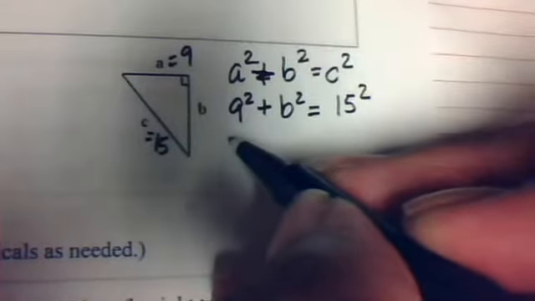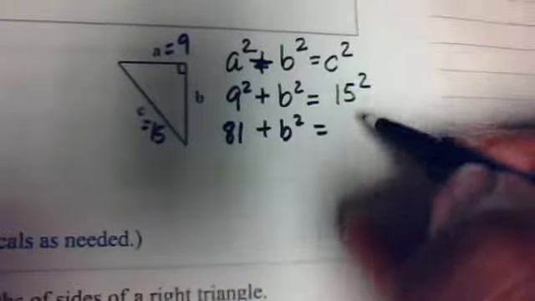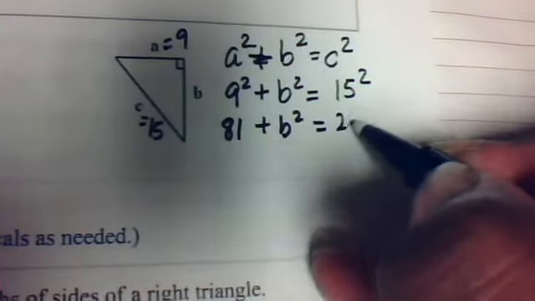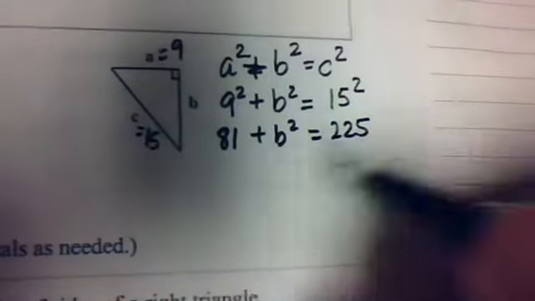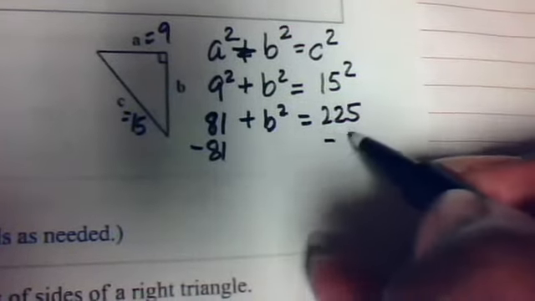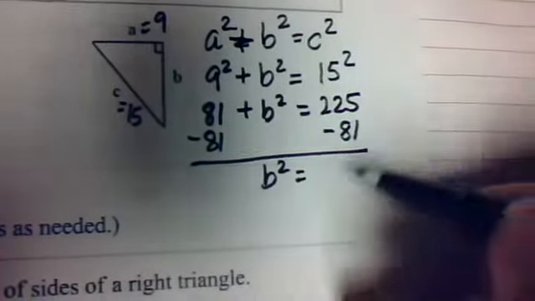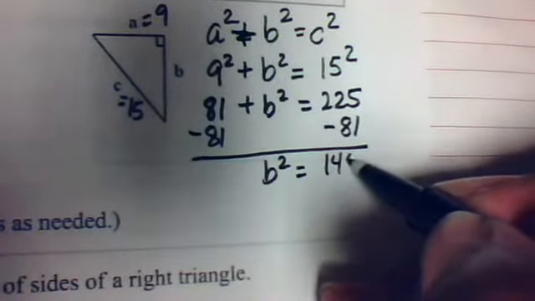Now 9 squared is 81 plus b squared is equal to 15 squared, that's 225. Now to get b squared by itself, we need to subtract 81 on both sides to get b squared is equal to 144.